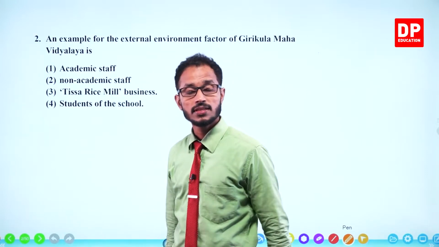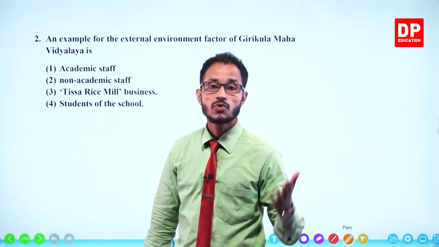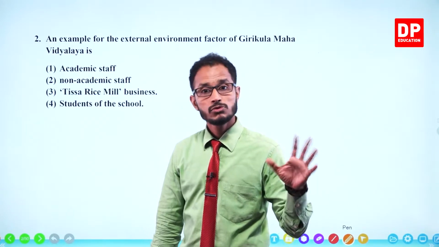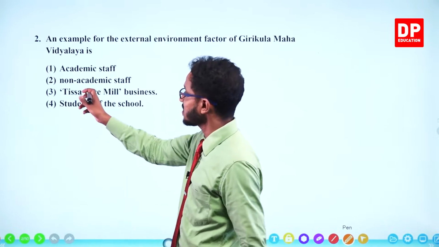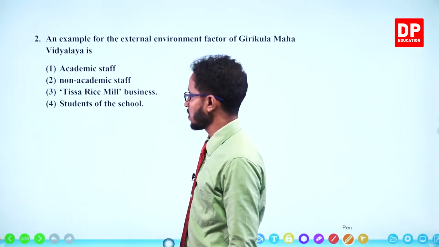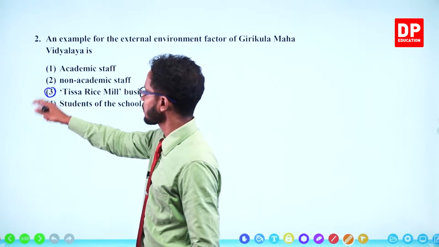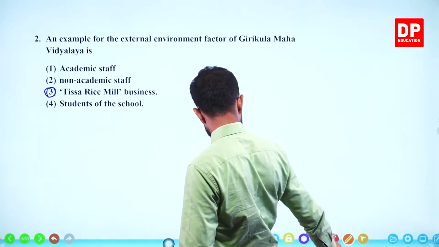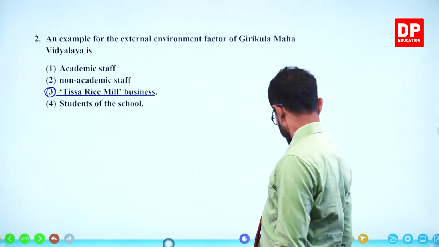The maids, peon and office staff and everyone, drivers and all. No, they are also employees. Internal. Tissa rice mill, it is external. Of course it is external. Right? Tissa rice mill.